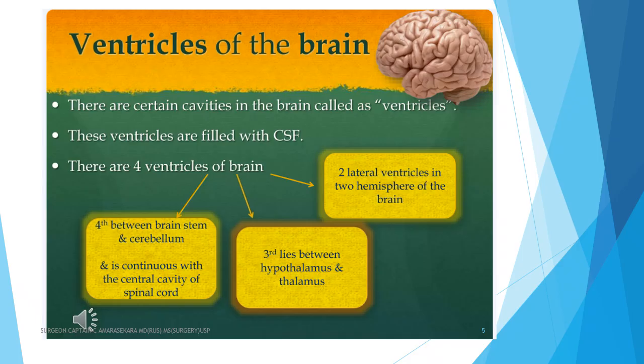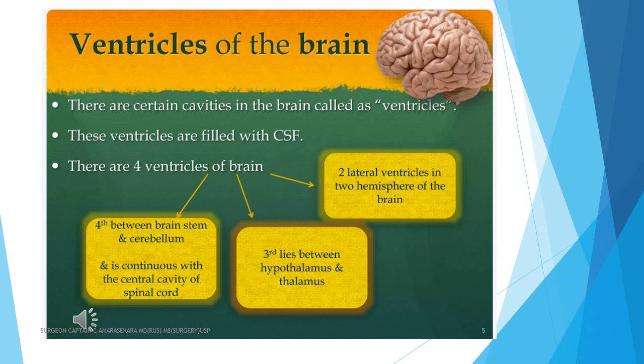The third ventricle lies in the middle, nestled between the thalamus and hypothalamus. The fourth ventricle sits posteriorly between the brainstem and cerebellum and continues downward as the central canal of the spinal cord.